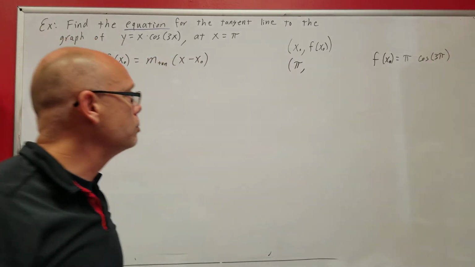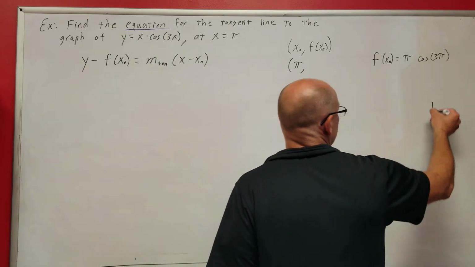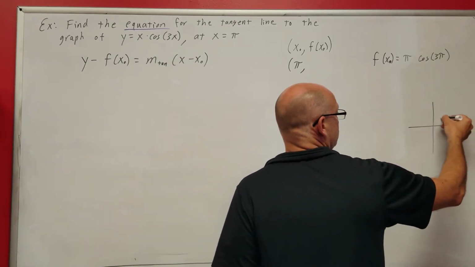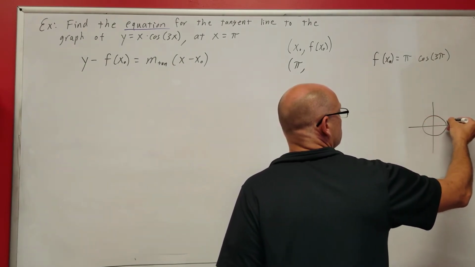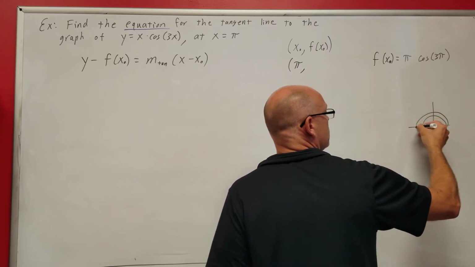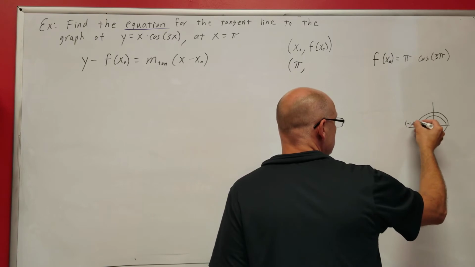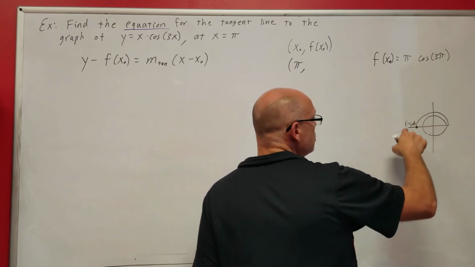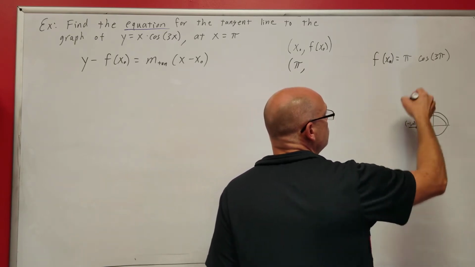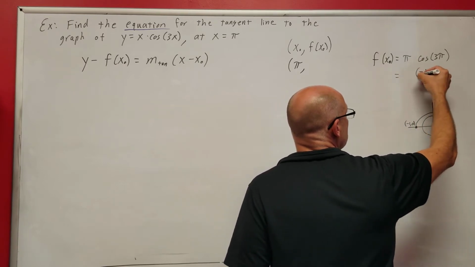Let's do the unit circle. At 3 pi, that's 2 pi, and 3 pi would be right here. Where am I on that unit circle? I'm at the point -1 comma 0. So what's my cosine at 3 pi? -1.